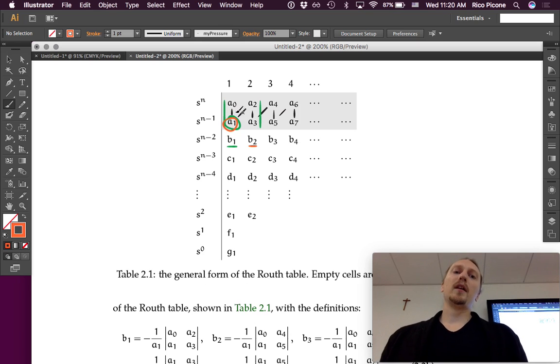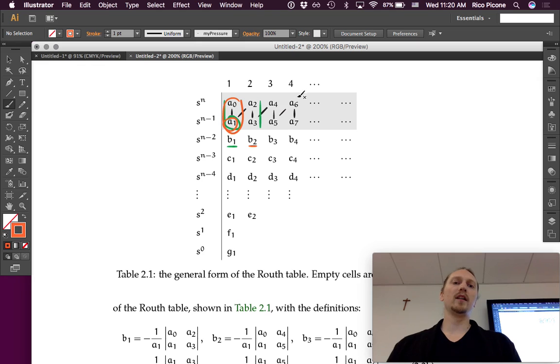The determinant, though, is going to be of the matrix that's made up of this column and this column. Okay? So A0, A1, then we skipped a column, then A4, A5. So we still use this first column, but instead of the second column for the other column of our determinant matrix, we are using the third.